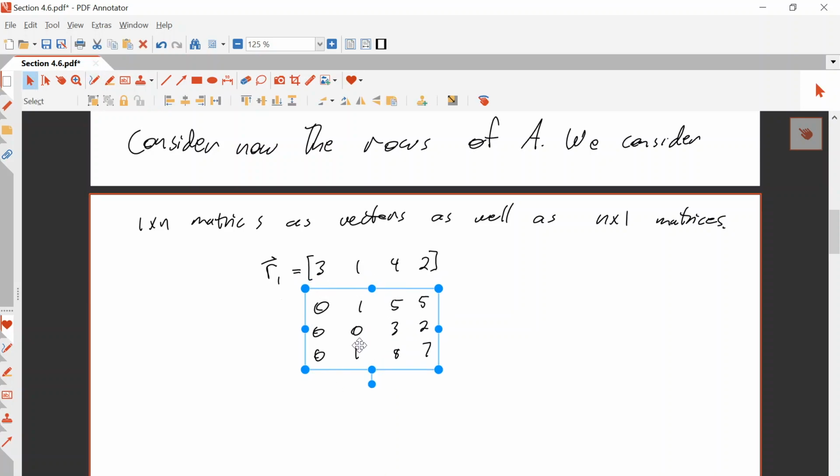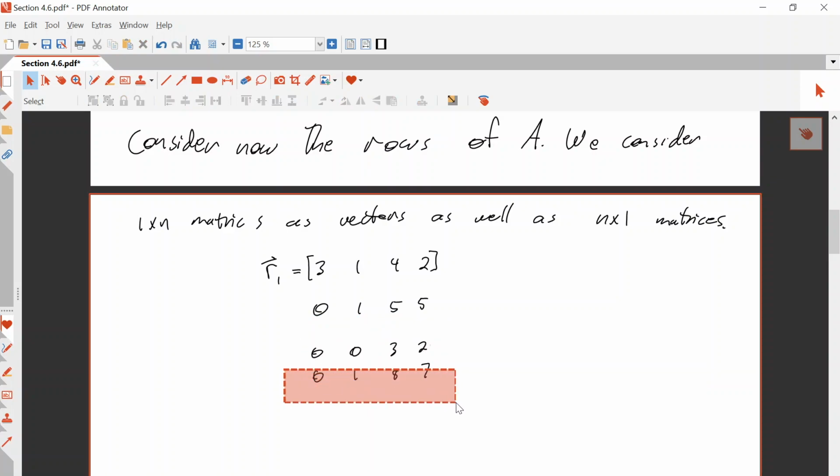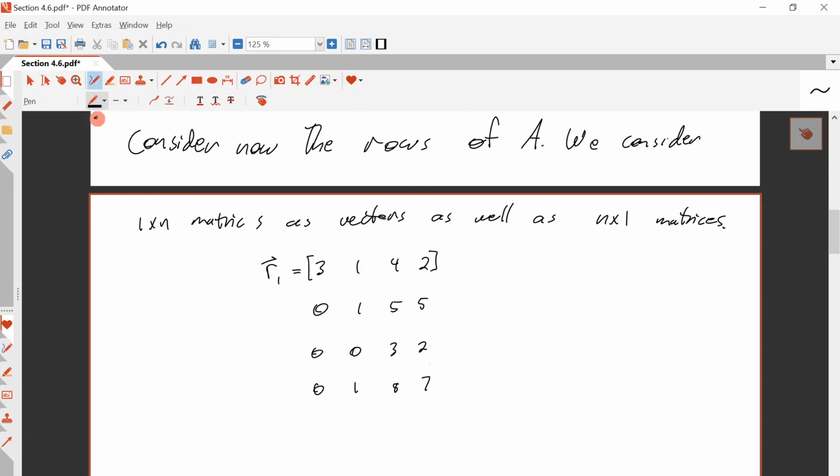Let's spread these out a little. So that's row 1, row 2, and you can separate them with commas if you like, row 3, and row 4.